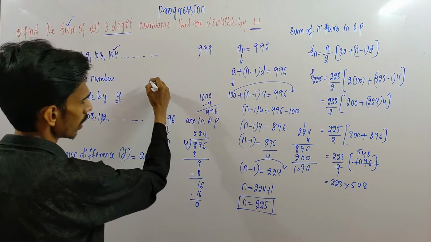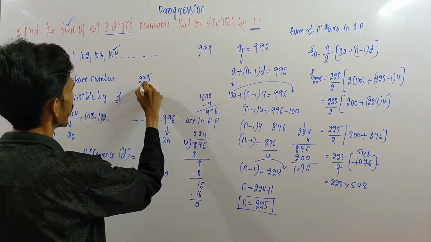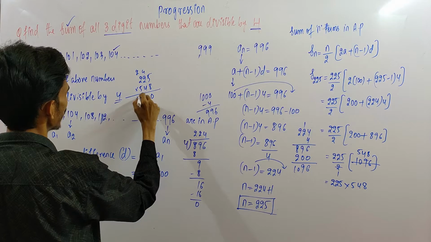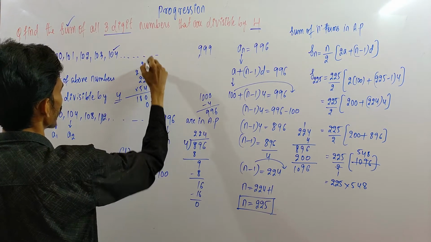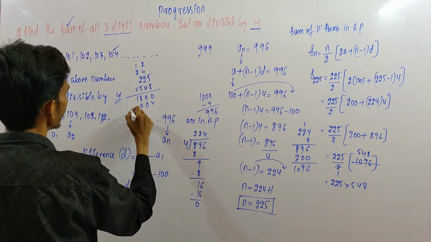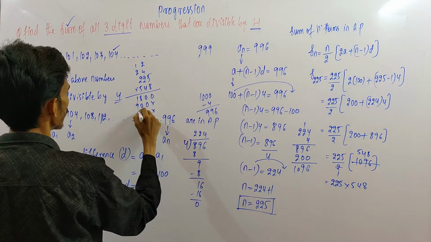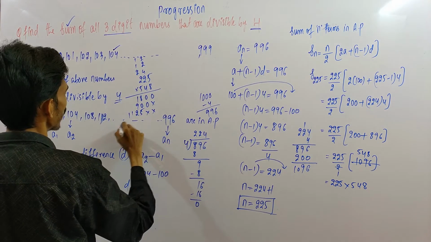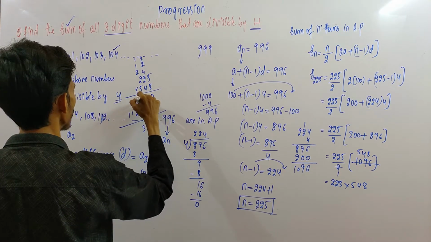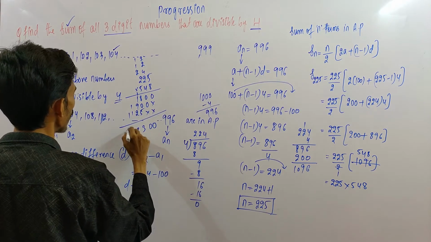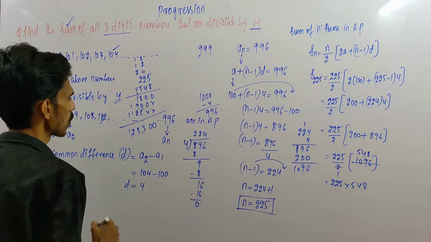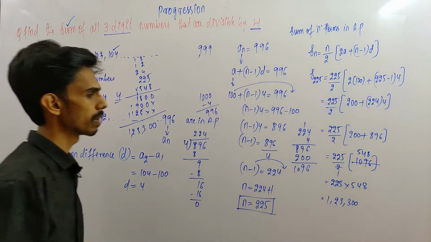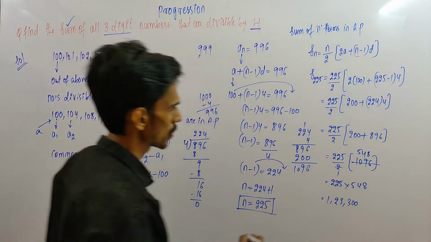Let us multiply here. 225 into 548. 5 8s are 40, 5 4s are 20, 5 2s are 10, and so on. Adding up, we get 1,23,300. 1,23,300 is the sum of the numbers that are divisible by 4. So this is the answer.